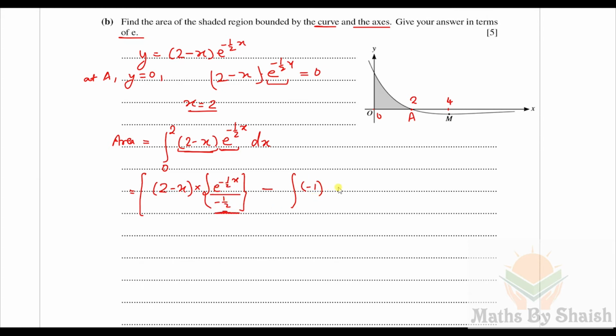So I am going to write it as minus 2 e raised to the power minus 1 by 2 x, and then the integration. Again the limit I'll put at the last.